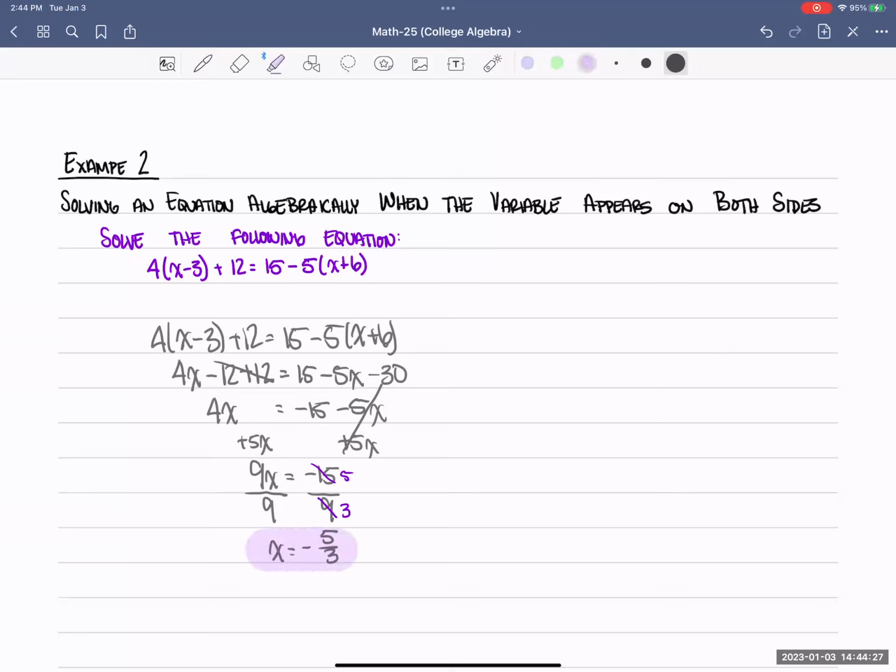And there we go. If you want to check to see if it works, we could definitely do that. So we have the problem 4 times (x minus 3) plus 12 is equal to 15 minus 5 times (x plus 6). And we just learned that x is equal to a negative 5 over 3.